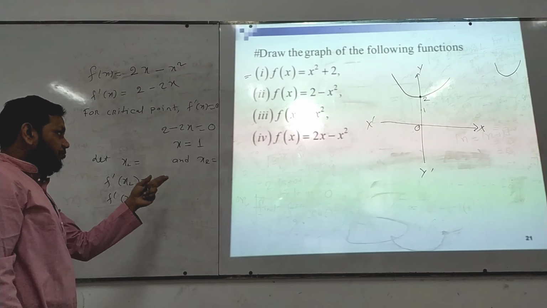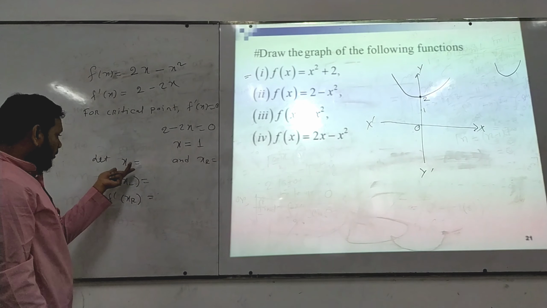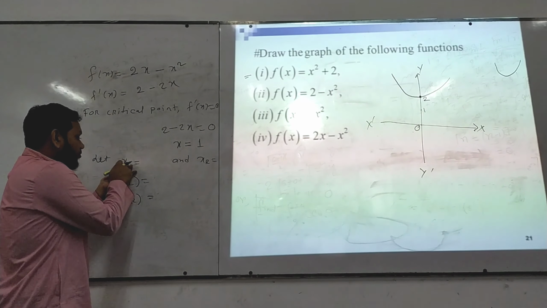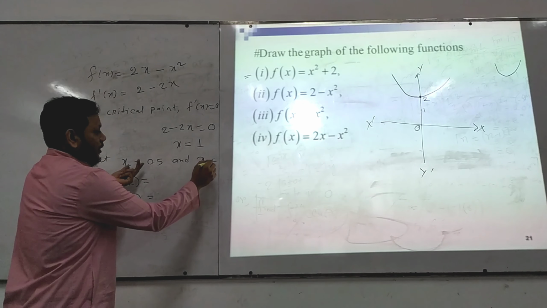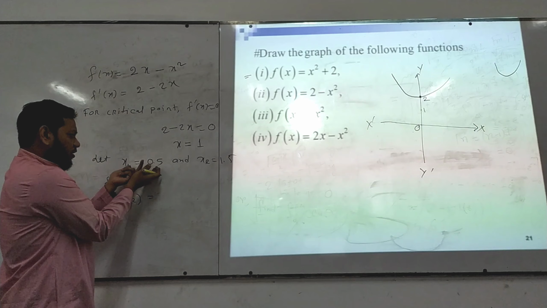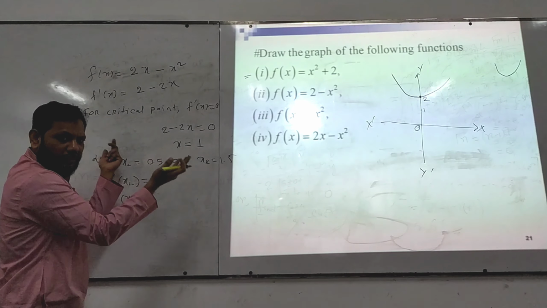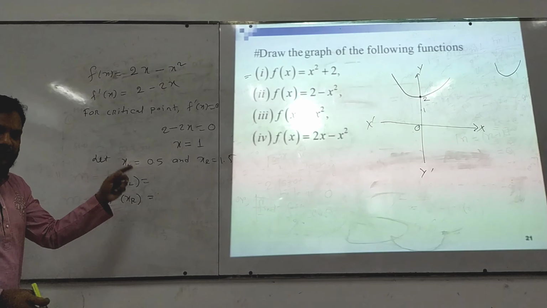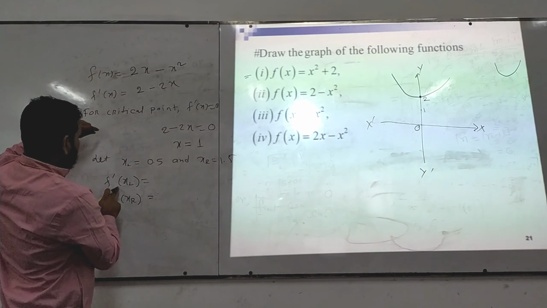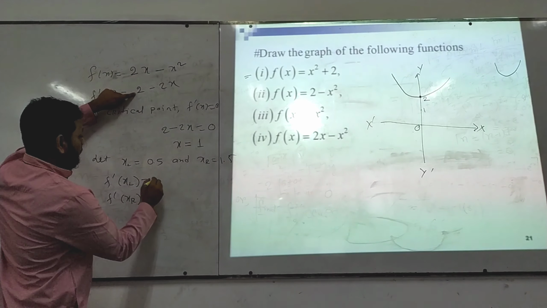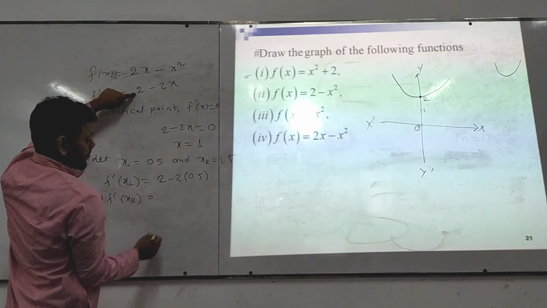Now, with respect to 1, what will be the left point? You can consider 0.5 and 1.5. Or you can consider 0.3, 0.7, 0.8, 0.9, anyone, just close to the point 1. Now, what is f prime at 0.5? Let's put here 2 minus 2 times 0.5.